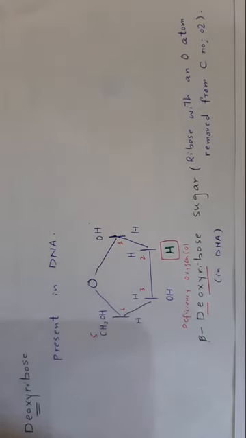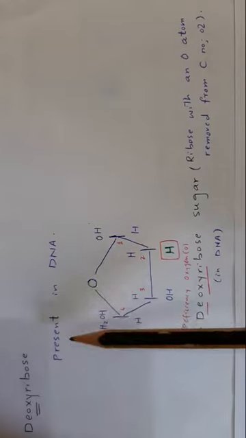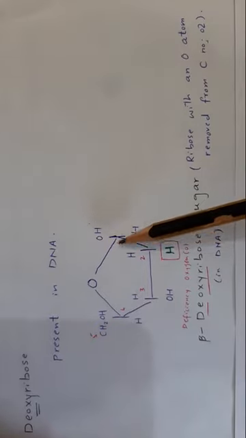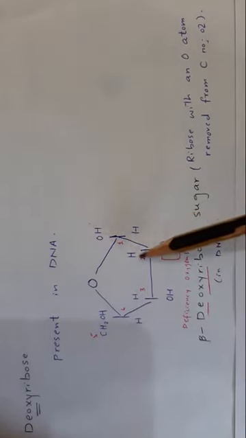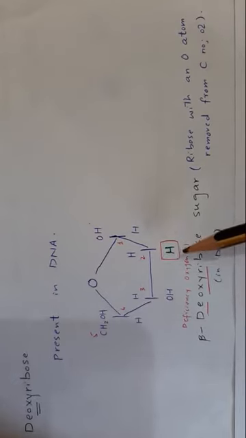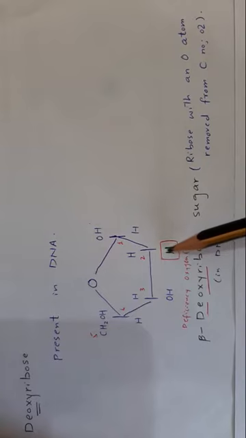Now if you look into the structure of deoxyribose, deoxyribose is present in DNA, deoxyribonucleic acid. It is also a 5-carbon pentose sugar, that is 1, 2, 3, 4 and 5. The only difference between ribose and deoxyribose is that deoxyribose contains hydrogen. There is no oxygen, no hydroxyl group attached to carbon number 2.